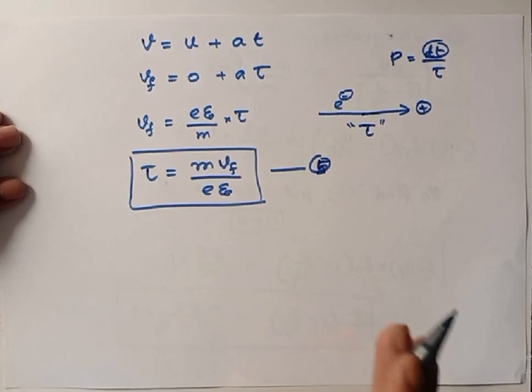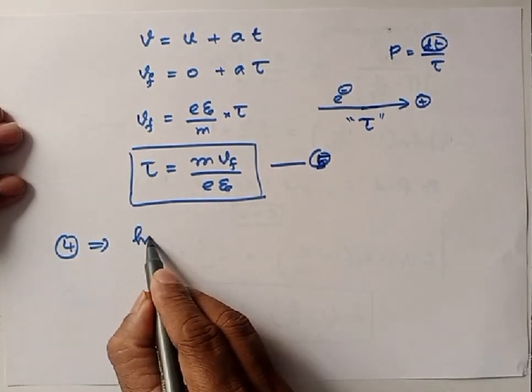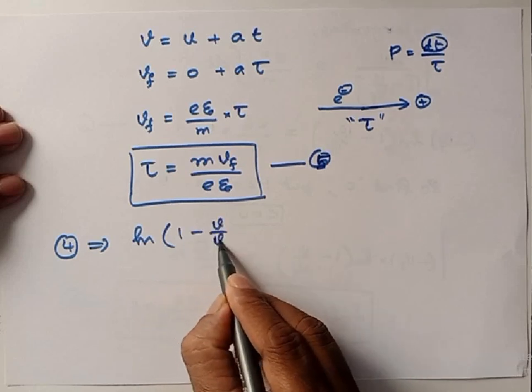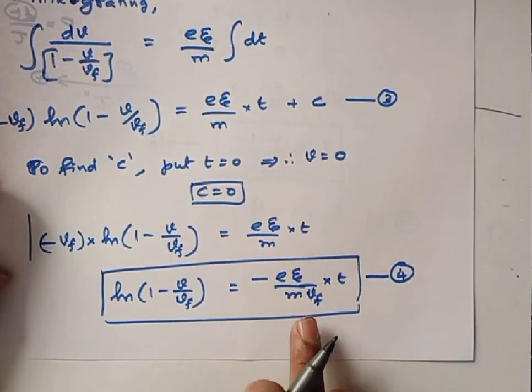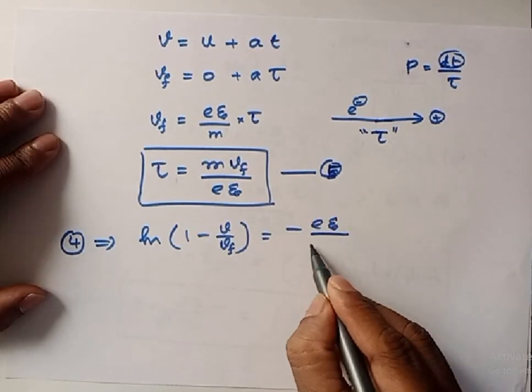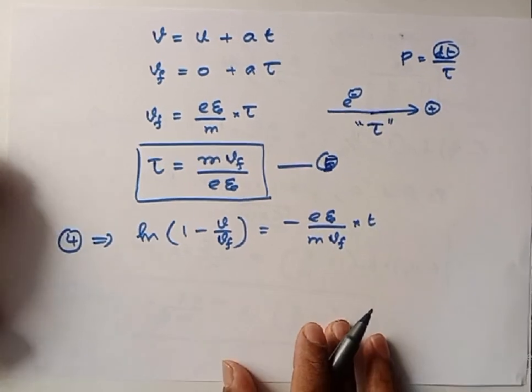Now I'll go back to equation number 4. So what is equation number 4? We had ln of 1 minus V by Vf equal to minus E into epsilon by m into Vf into T. Clear?